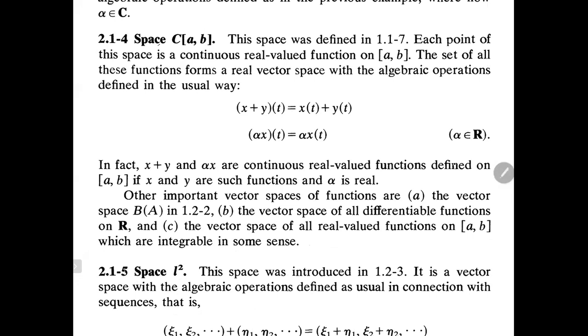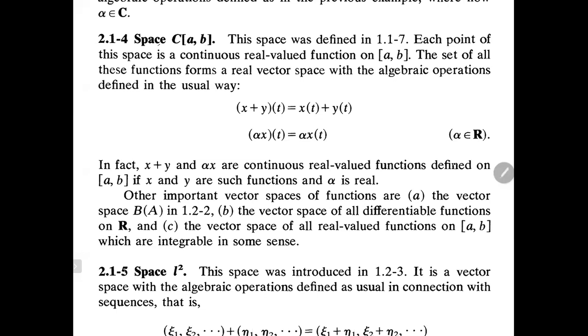It is defined at t by this formula. x plus y at t will be equal to x(t) plus y(t). Alpha x is defined at t as alpha multiplied with x at t. So you can call it pointwise addition and pointwise scalar multiplication.